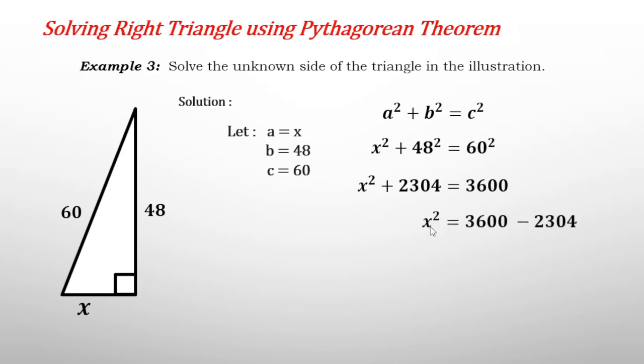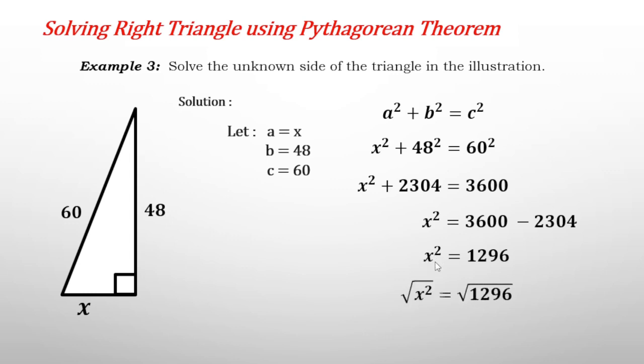So the equation now is x squared is equal to 3600 minus 2304. Getting the difference between 3600 and 2304, x squared is equal to 1296. Take note that we are only looking for x, not x squared.